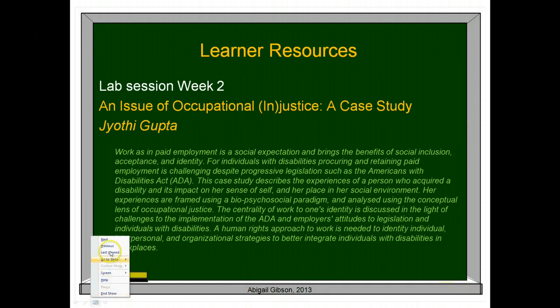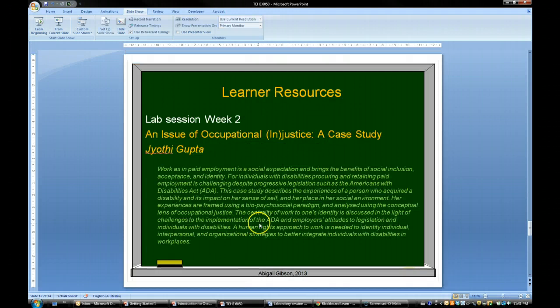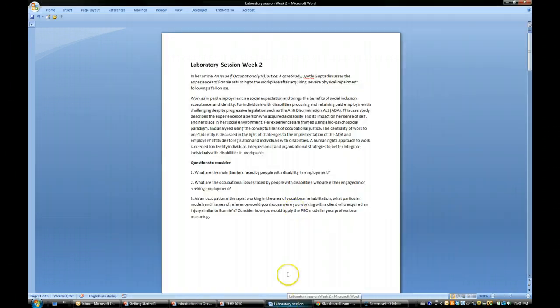One of the resources that I've put together asks the students to think about those issues, and then in a lab group discuss the barriers faced by people with disability to either moving into employment or staying in employment, and what some of the occupational issues faced by people are.